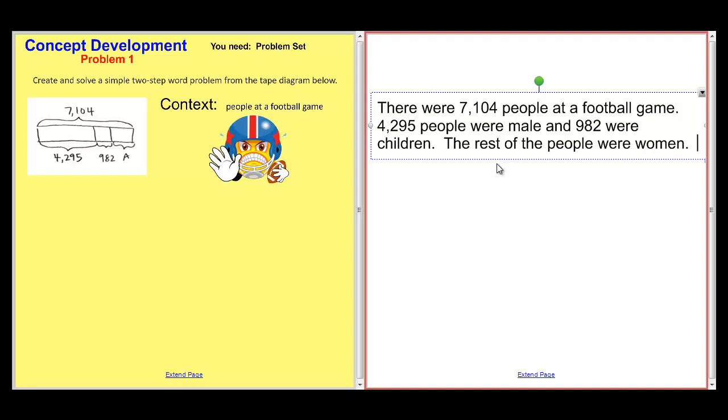Here would be my question: how many women were at the football game?